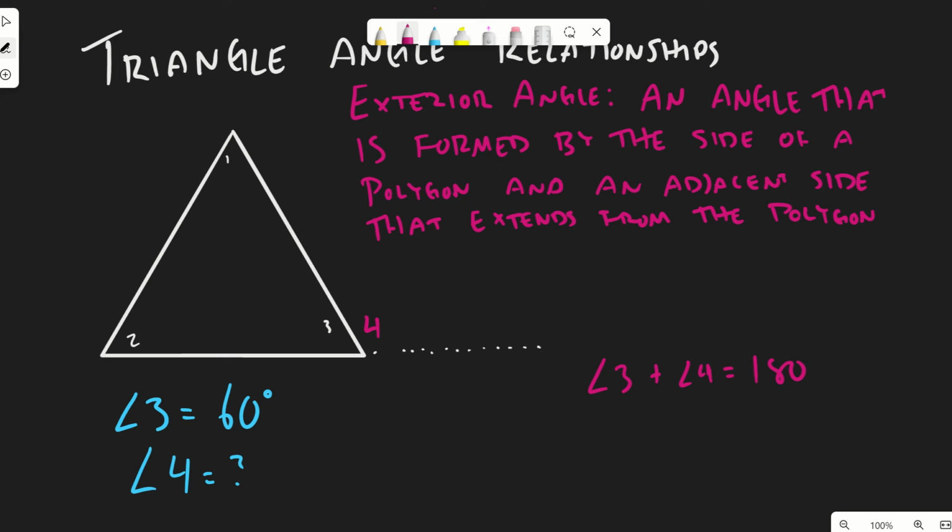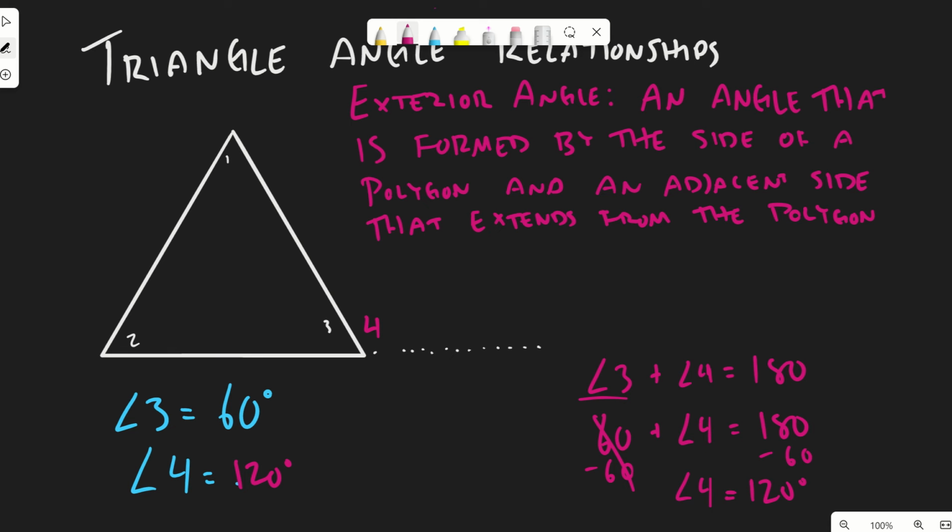Now I know that angle 3 is 60 degrees, so 60 plus angle 4 equals 180. To get angle 4 all by itself, I'm going to minus 60, and I get that angle 4 equals 120 degrees. I took the two things I knew and subtracted to find my missing value. This is solving equations, finding missing numbers.